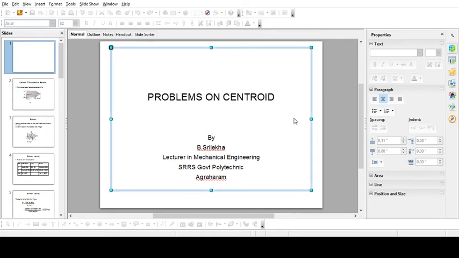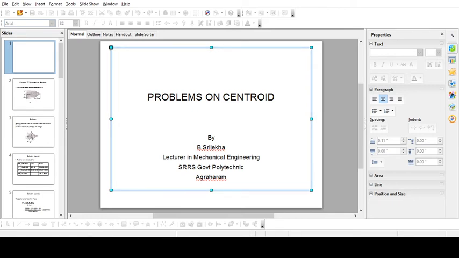Next, distance of the centroid from OX axis is y bar equal to sum of the AY by sum of A. You will get a value of 29.029, this much.